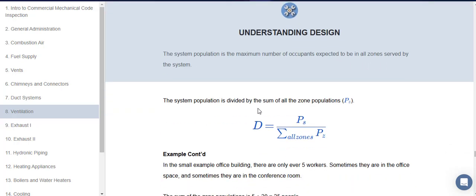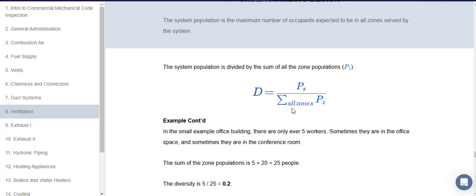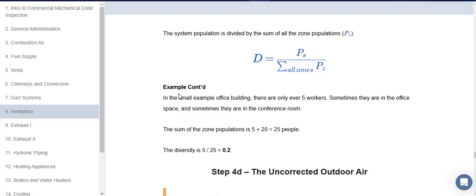The system population is divided by the sum of all zones population: D equals Ps over the summation of all zones Pz. Example continuation. In the small example of this building, there are only ever 5 workers.